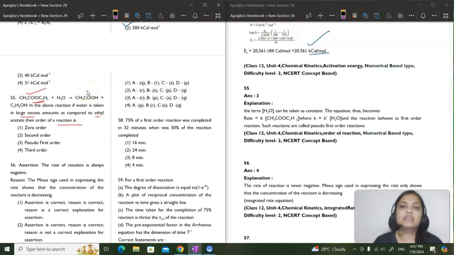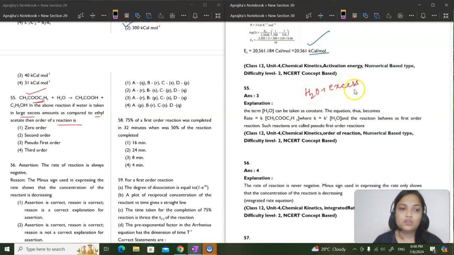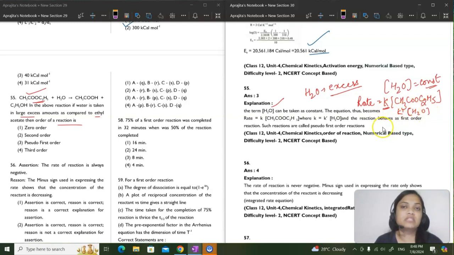They are saying that if I am taking H2O in excess, then what will be the order of the reaction? If we are taking H2O in excess, the concentration of H2O can be taken as constant. So in the rate equation, I will have K into the concentration of only the ethyl acetate, where this K value is K dash into the H2O concentration, which will also be constant because it is in excess.